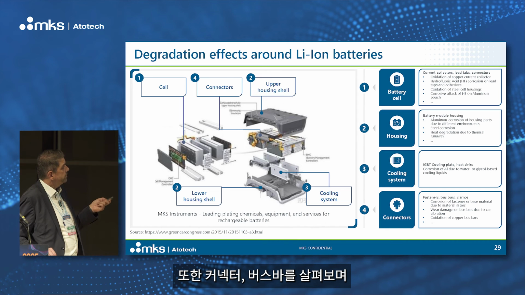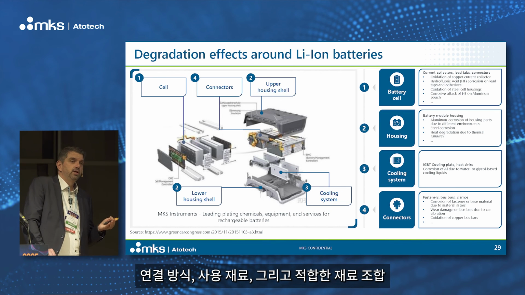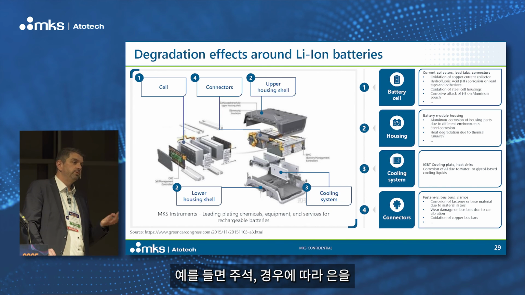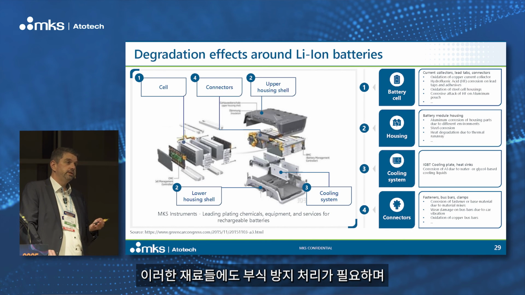We have looked at the connectors, the bus bars. Here we need to consider how they're connected and which material we use, and then choose the right material combinations, for example tin, maybe silver. We also need corrosion protection for these materials to ensure conductivity, connection and reliability.